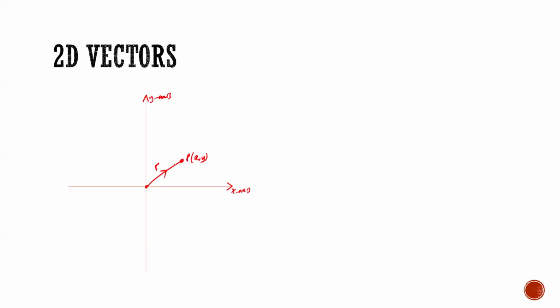So we have the arrow to show that it's from the origin to point P. And you could write this as the vector OP, with that symbol just below OP. The vector r as x, y in column form like this, or you could write this as x times the vector i plus y times the vector j. The vector i is simply one step to the right, and the vector j is simply one step upwards.